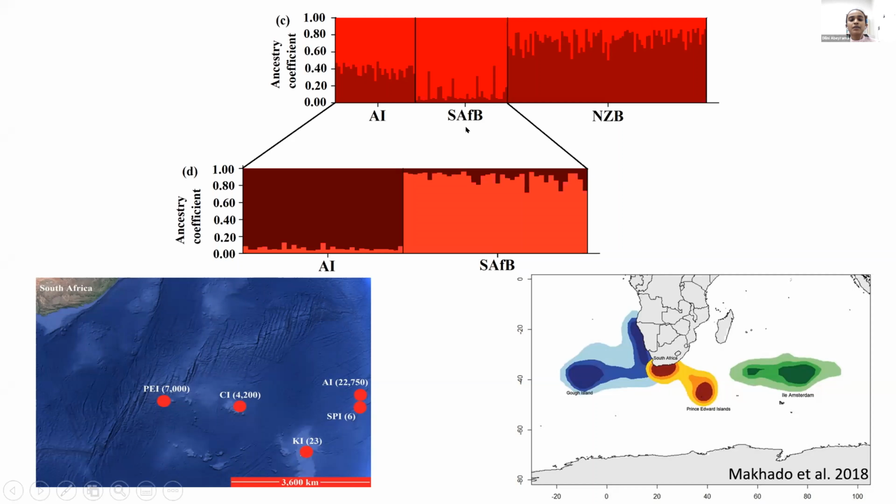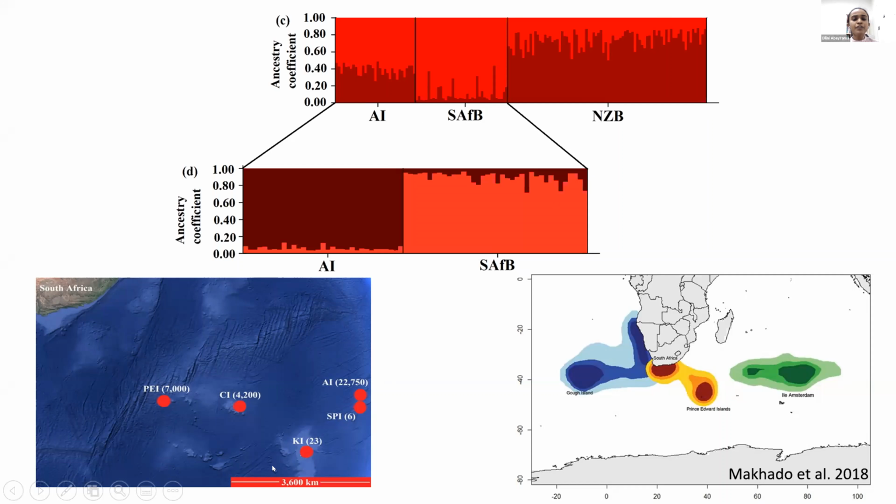So since bycatch samples from South Africa and New Zealand are different from Amsterdam Island, we removed that island, and then we wanted to look at whether we can trace the origin of these bycatch samples.